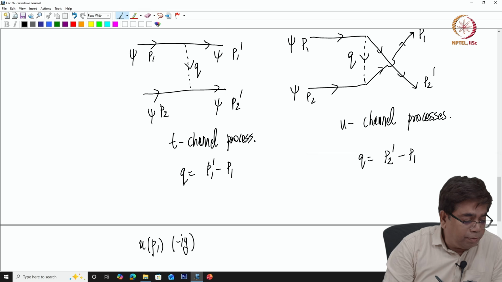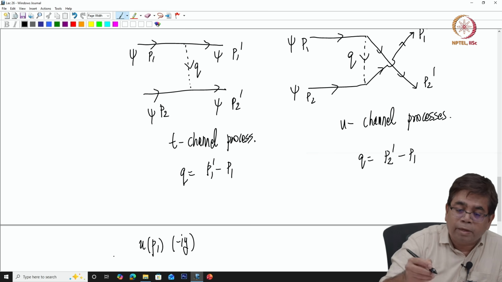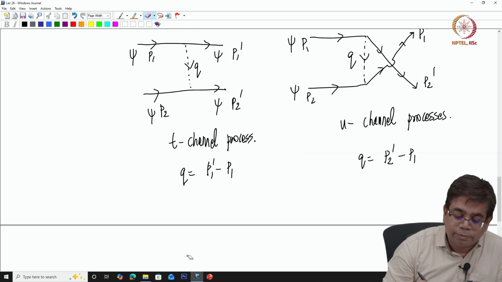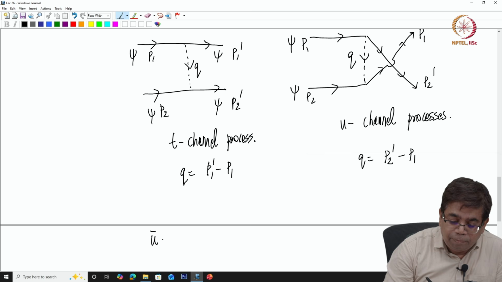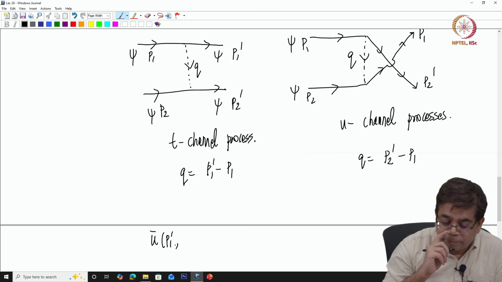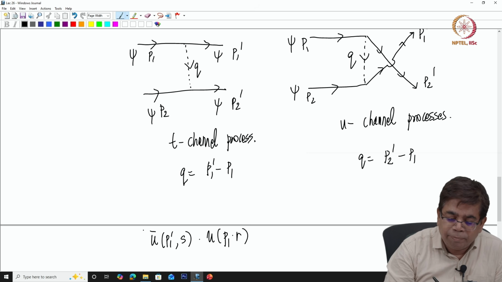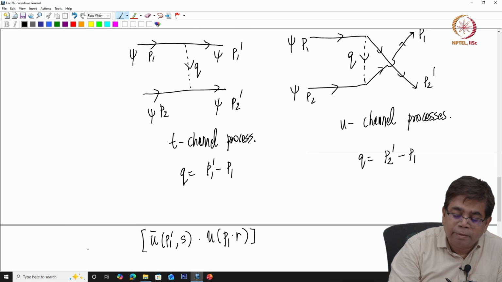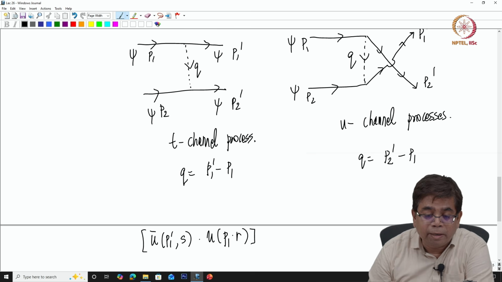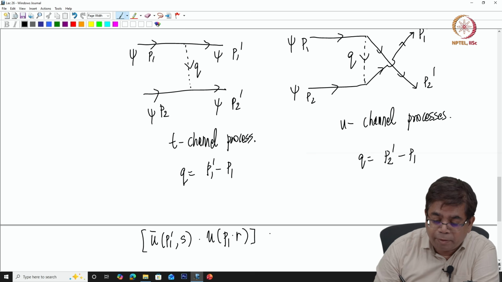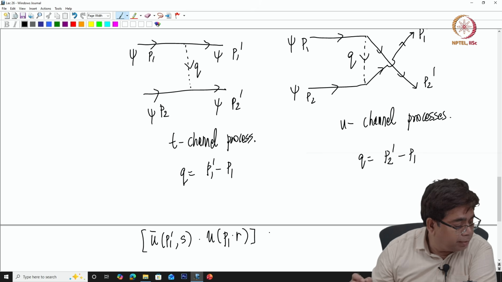So, u bar p 1 prime times S spin s times u of p 1 dot r, times the propagator, which I will write down in a second.